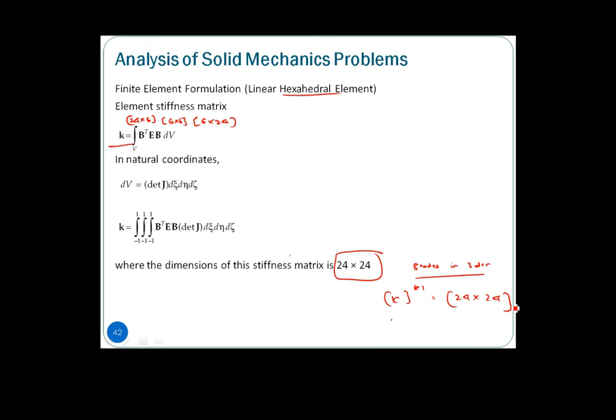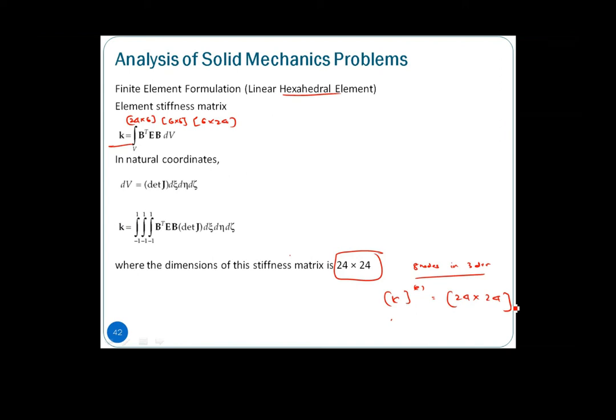And the size will be much larger in 3 dimensions because you are looking into 3 directions. Then for each node you have 3 degrees of freedom.